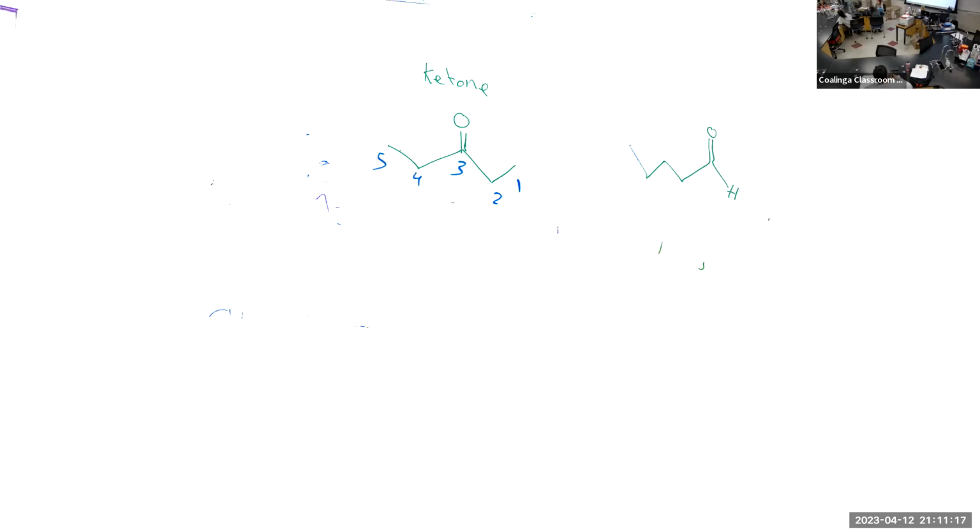So we call this a 5 carbon chain. And we're saying where that double bond is located on that carbon chain.